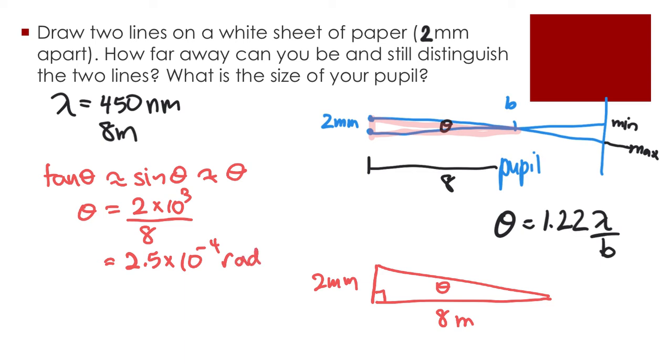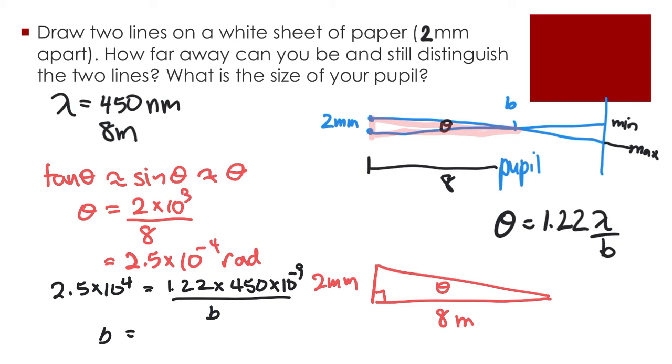Now if I go back and put that into our single slit interference pattern equation, we have 2.5 times 10 to the minus 4 equals 1.22 times lambda, which was 450 times 10 to the minus 9, all over b.